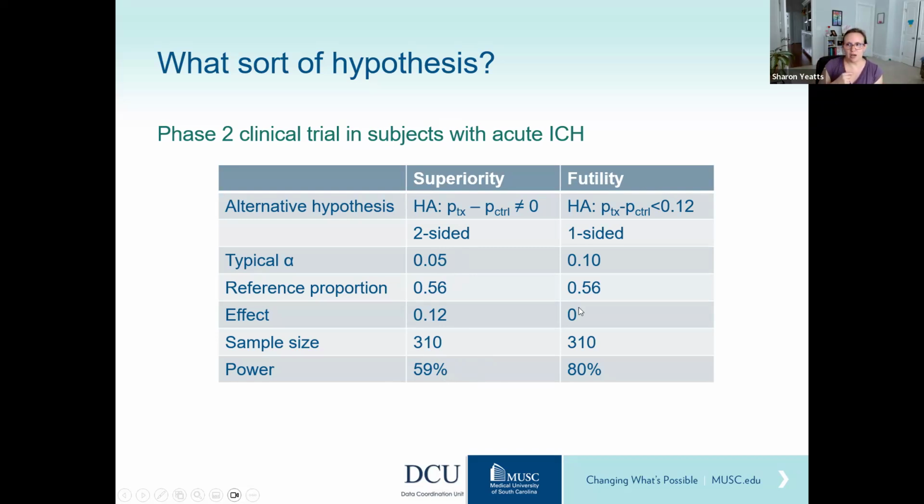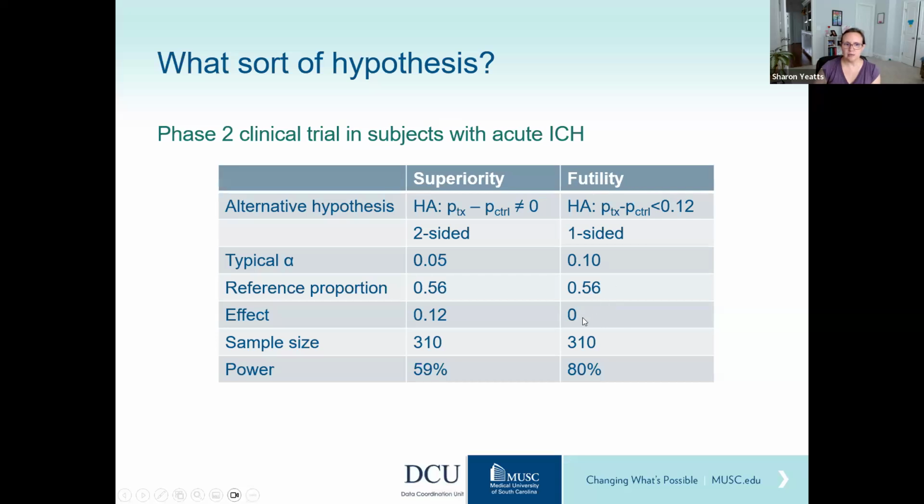But we can reframe the hypothesis and say, in the phase 2 space, if I'm looking for a signal of efficacy, I can think about my alternative hypothesis instead as saying the treatment effect is less than that clinically meaningful 12%, right? So now this is a one-sided hypothesis. The alpha level can be increased a little bit because the consequences of making a false positive are very different in the futility setting than in the superiority setting.